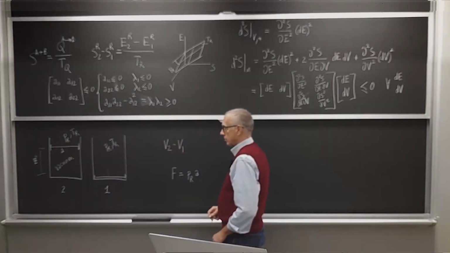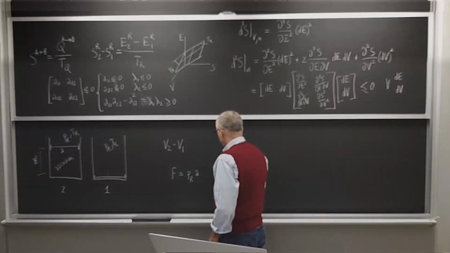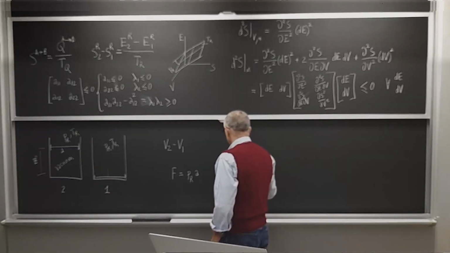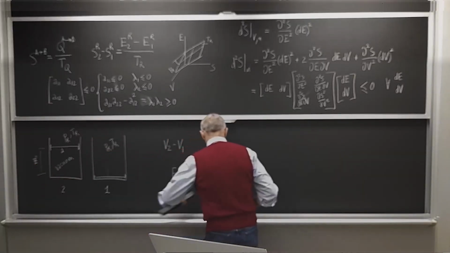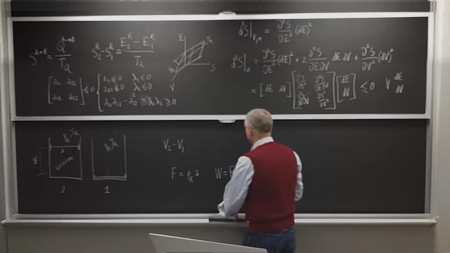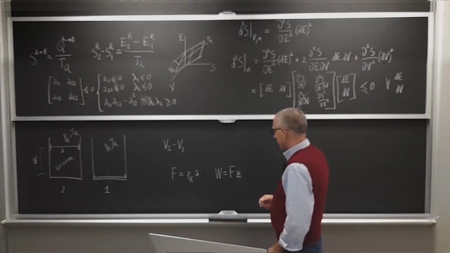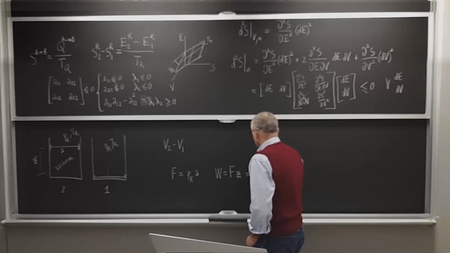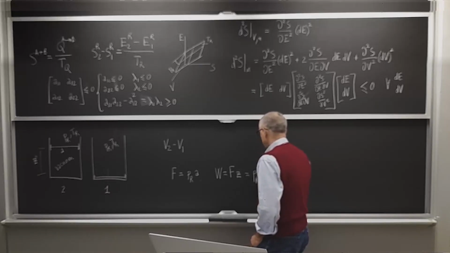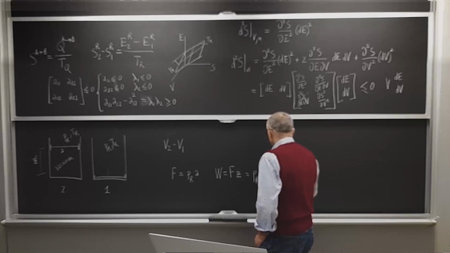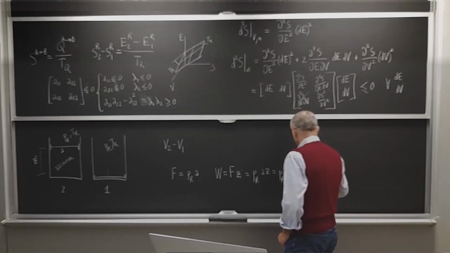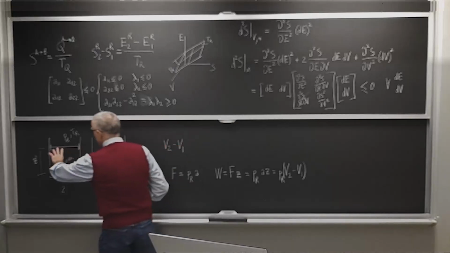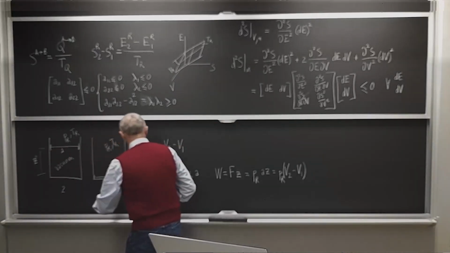So that's the force. The work is F times Z. So that's PR times aZ. But aZ is the volume, so that's PR times V, where actually it's V2 minus V1, and V1 is equal to 0 in our case.